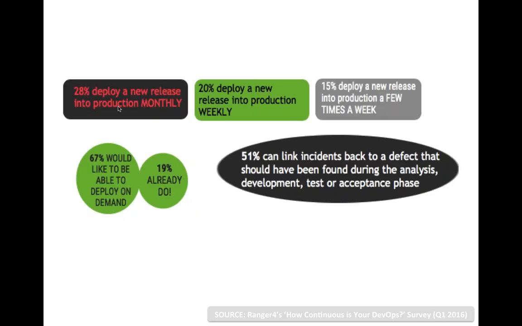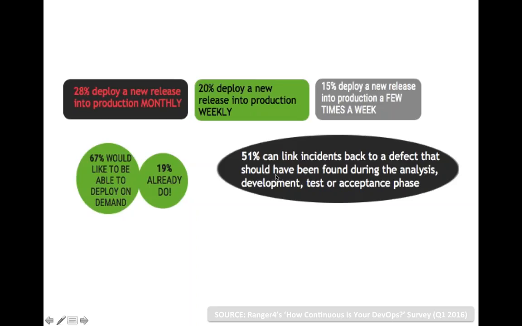We used to ask people questions like, okay, so you're releasing once every 2 months now, how would it feel if you could do that once a week? But actually what people really want is this ability to deploy on demand, so to be ready when the business is ready and the code is ready to make that deployment. And 19% already do, so this is a growing maturity area and people are getting there.